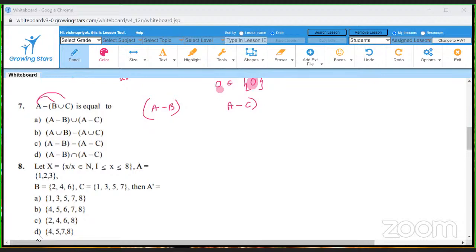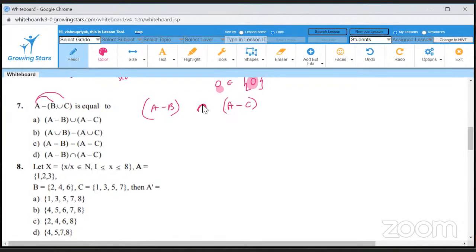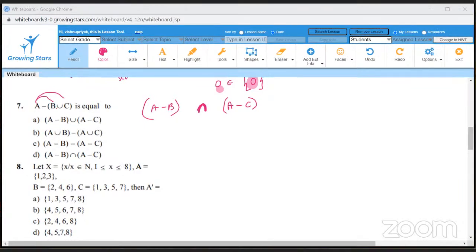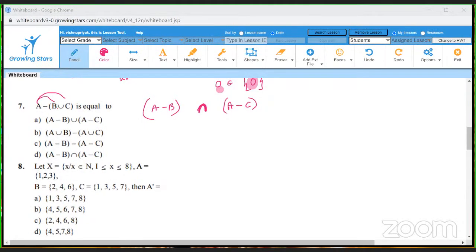If you write A minus B, A minus C, you have to take not union. Union will change to intersection. So which option is that? D. Seventh one, option D is correct, not B.